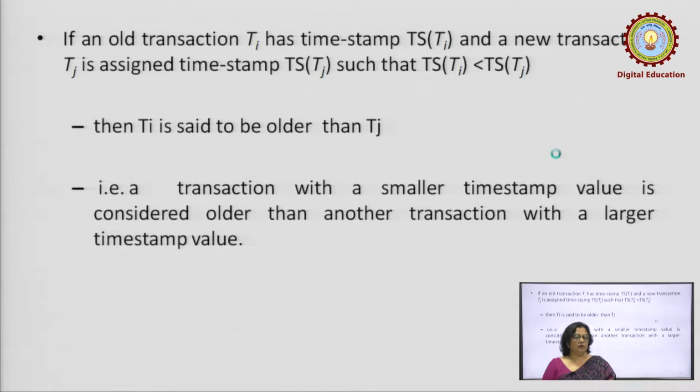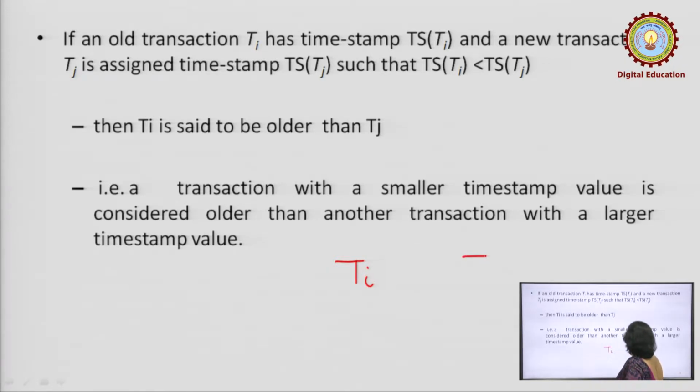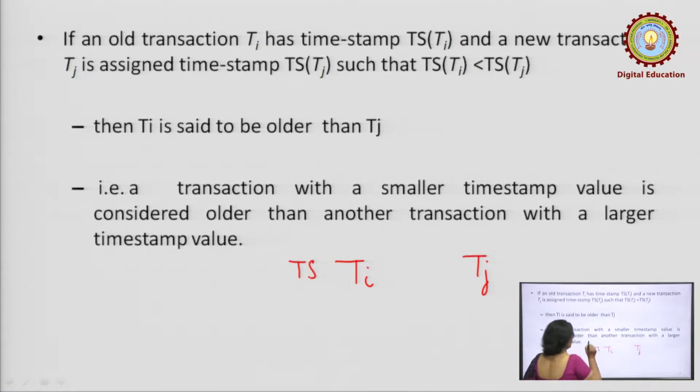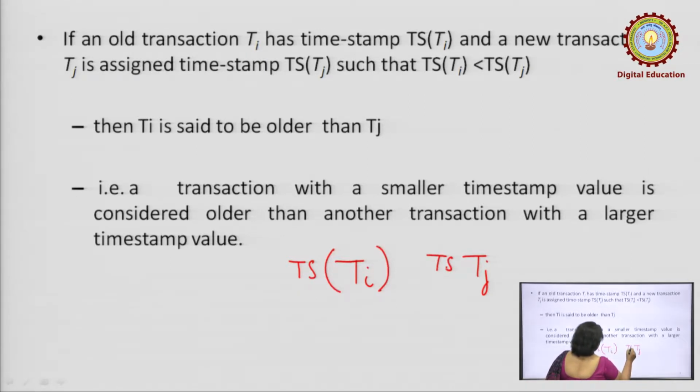Now, we talk of the older and the newer transactions. Let us consider that Ti and Tj are two transactions such that TS(Ti) is the timestamp of the transaction Ti, and TS(Tj) is the timestamp of the transaction Tj.